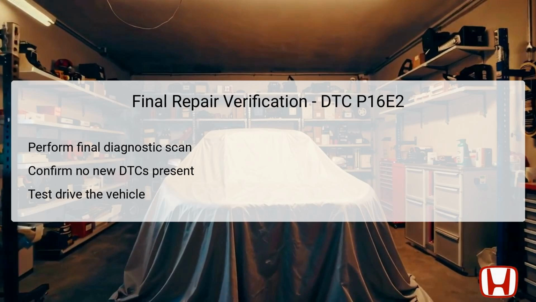If the code is cleared and no others have flagged, it's time to conduct a test drive of the vehicle to monitor its performance under normal operating conditions. During this test, pay attention to any signs of abnormal behavior within the electrical system, such as flickering lights or issues with power distribution. These final checks ensure that the repairs made have restored full functionality to the vehicle's electrical systems.